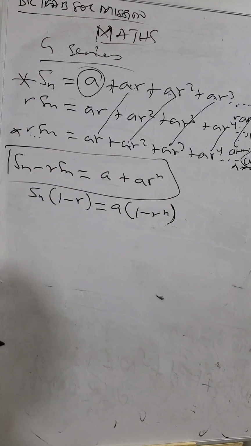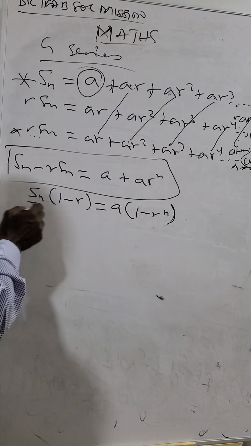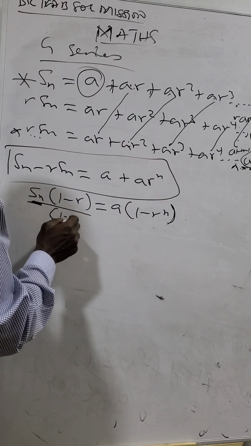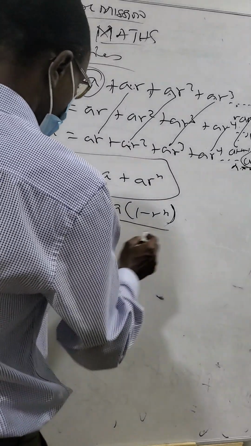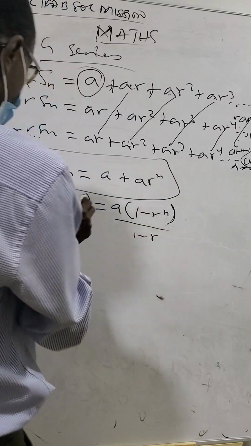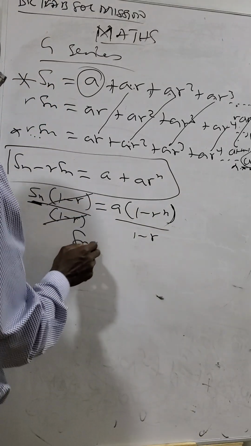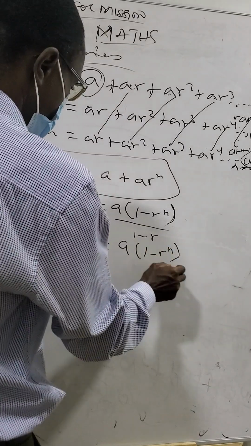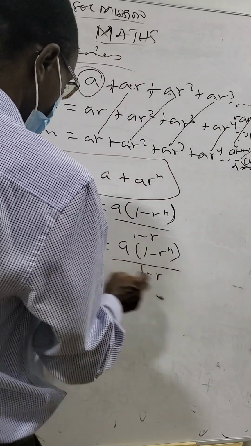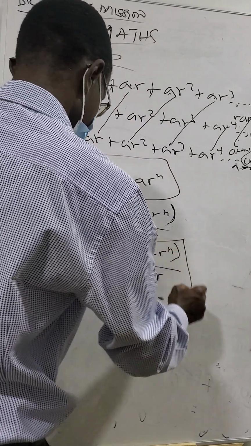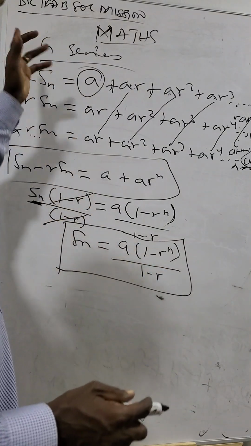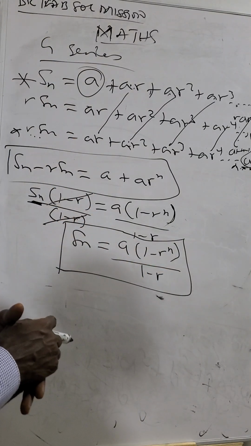From here it becomes very simple to make this the subject, so that you divide by 1 minus r, same thing 1 minus r. This will cancel that. And then you have Sn is equal to a times 1 minus r to the power n over 1 minus r here. So this becomes the summation or the series formula for geometric series, right?